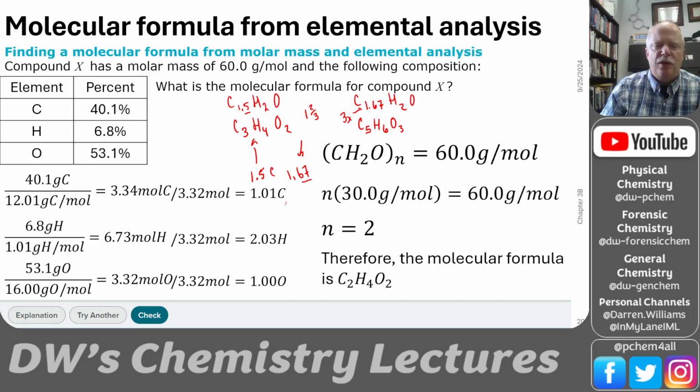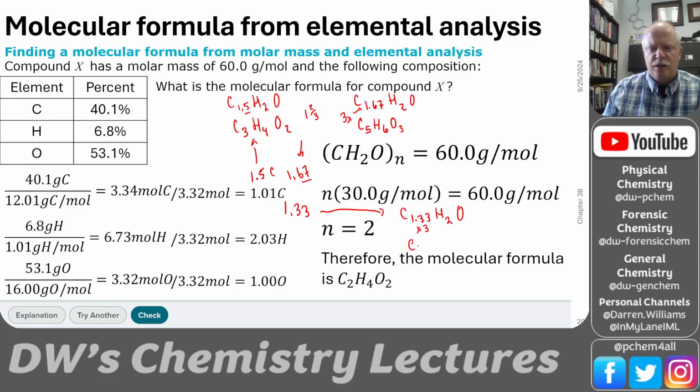If you had a 1.33, then that would be like this, C1.33H2O. And so that's again not good because it's not a whole number. And so I'd multiply this one by 3. Okay.